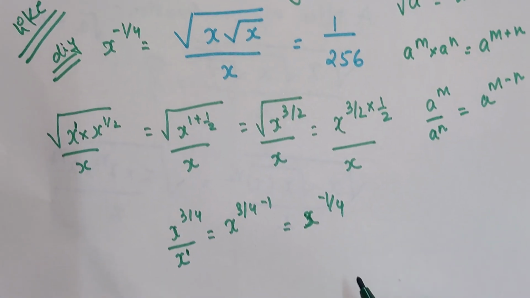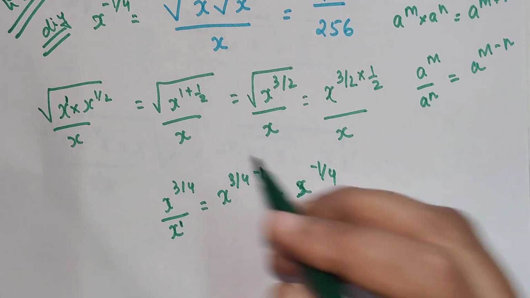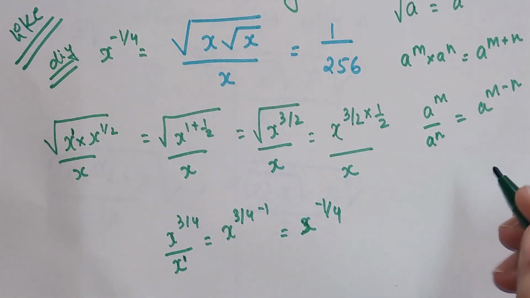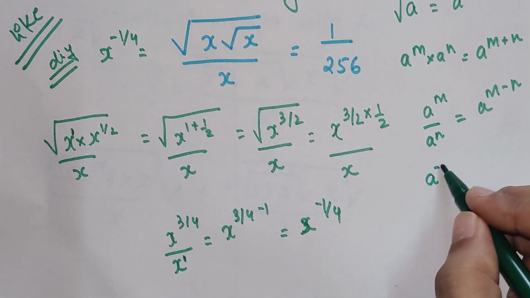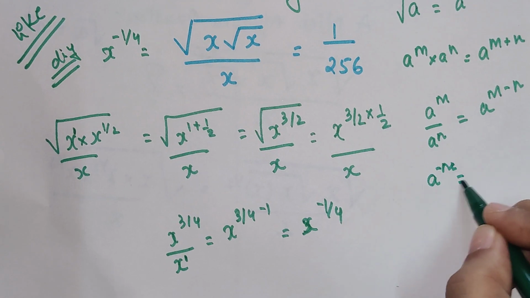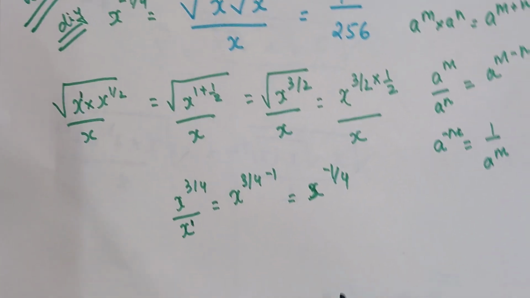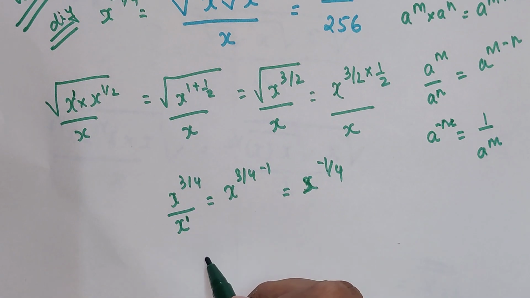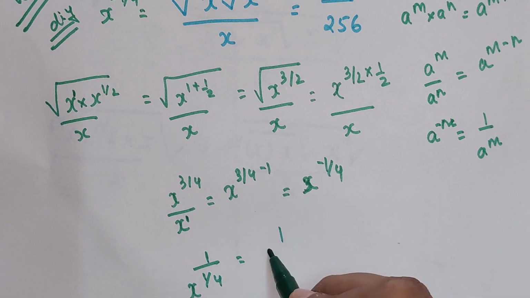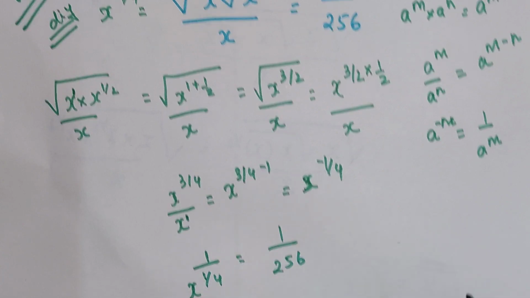Also, one very important thing you need to remember: whenever you have a negative index, I can write this as nothing but 1 upon a raised to m, to make it positive. So now I can write this as 1 upon x raised to 1 upon 4 is equal to 1 upon 256.